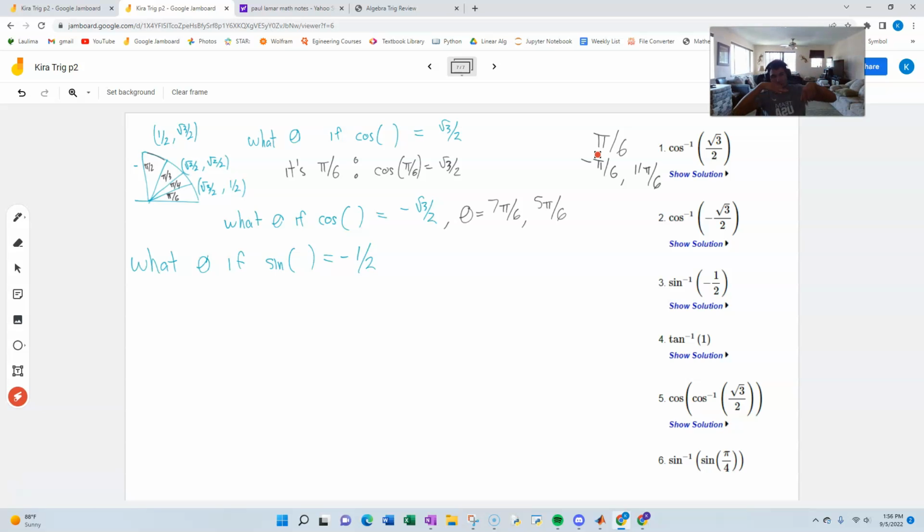Erase the top part. Now it's on the bottom part. So where does sine equal negative 1/2? Oh, look at that. It's the same answer, right? Well, at least, no, it's not exactly. It's 7 pi over 6, and it's 11 pi over 6.